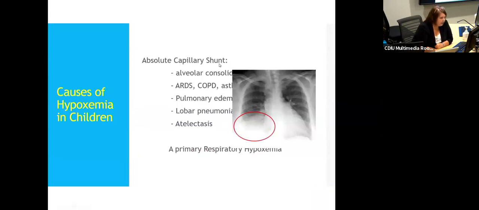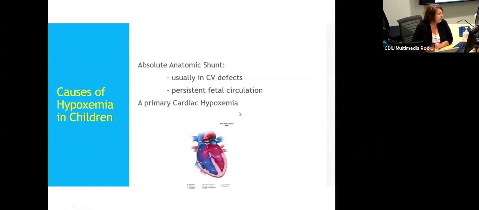Absolute capillary shunt is at the lung level, the lung capillary bed level. So that would be when you've got consolidation, any of your pathologies like ARDS, COPD, pulmonary edema, pneumonias, atelectasis. This is a primary respiratory hypoxemia. Absolute anatomic shunt generally occurs with cardiovascular defects and persistent fetal circulation.